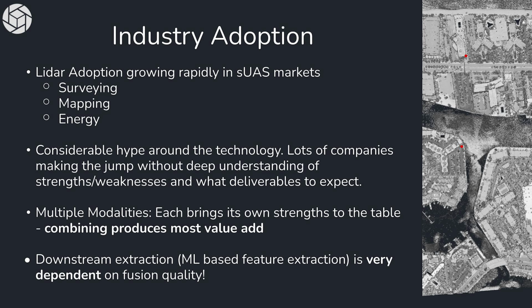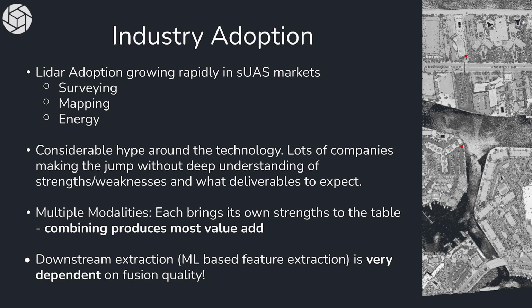All right, so just to give you a broad overview, we're commercial facing. We work with surveyors, construction companies, civil engineers, and we're seeing a lot of LiDAR adoption out there in the industry. There's a considerable amount of hype around putting a LiDAR on a UAV and flying it around and getting high quality, high accuracy data.